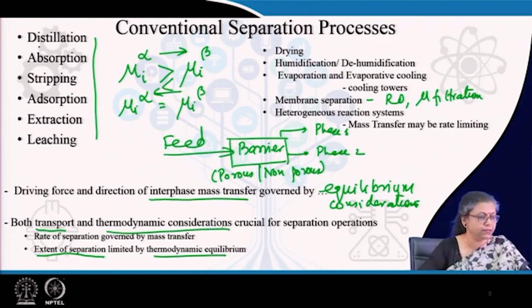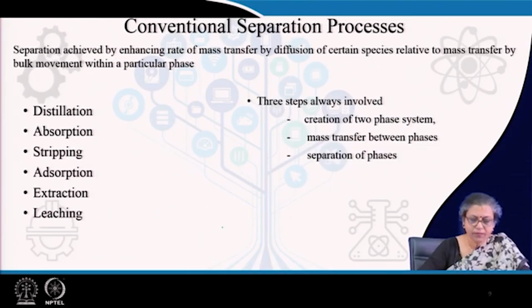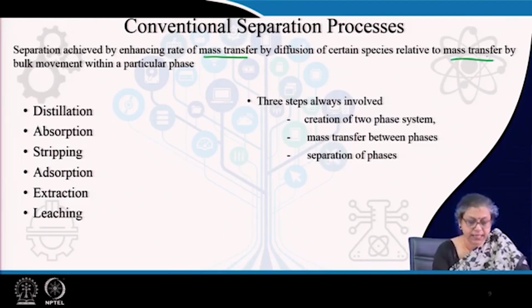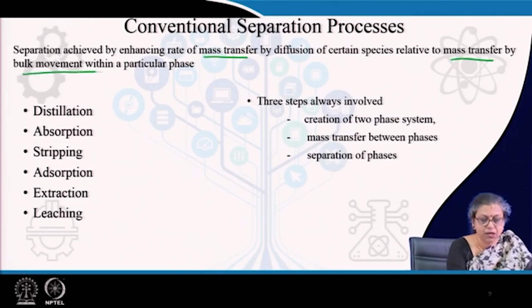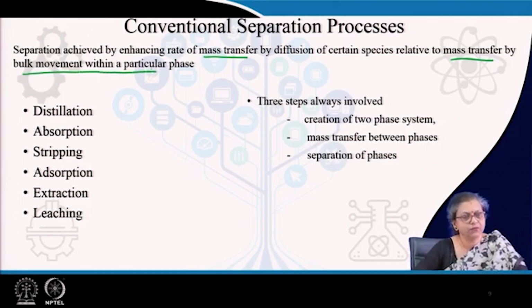All these separations are achieved because certain components undergo interphase mass transfer, and this rate of mass transfer is faster compared to the mass transfer which occurs due to bulk movement within a particular phase.